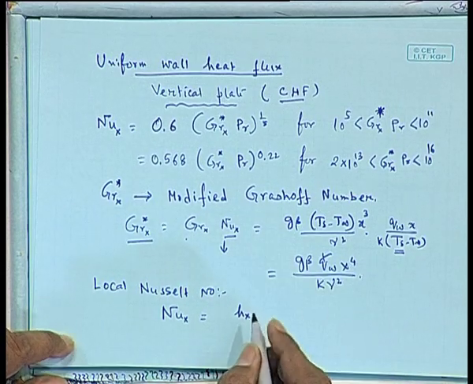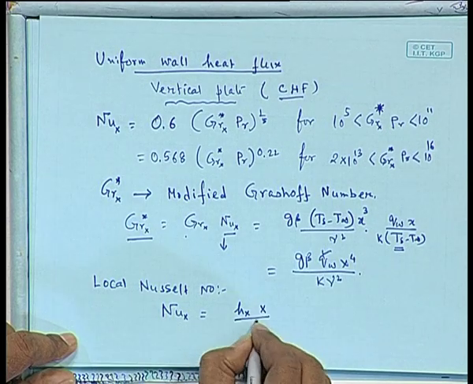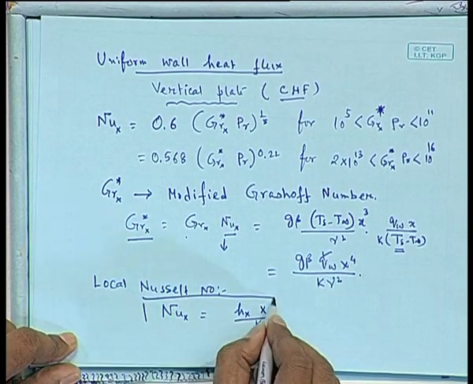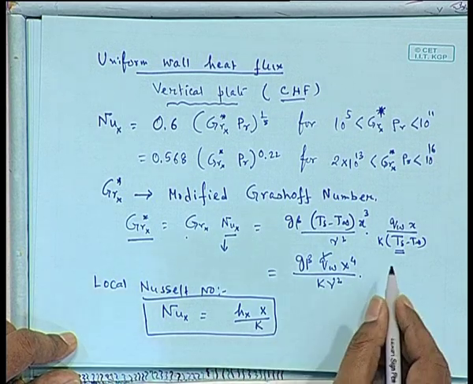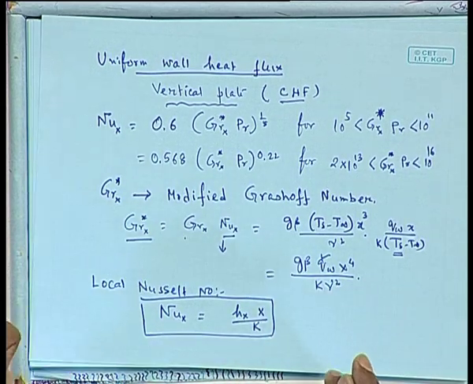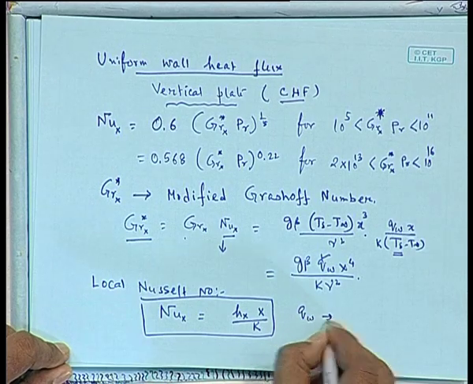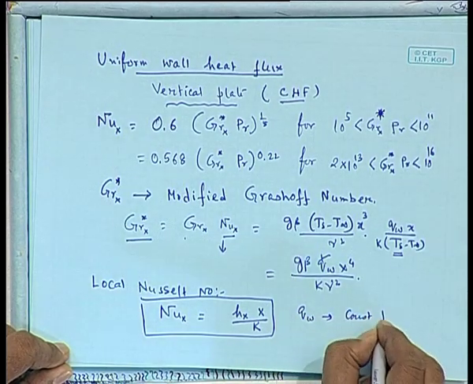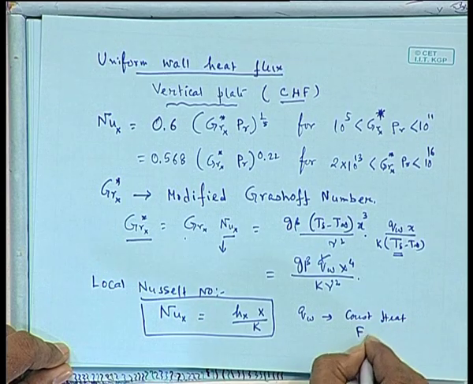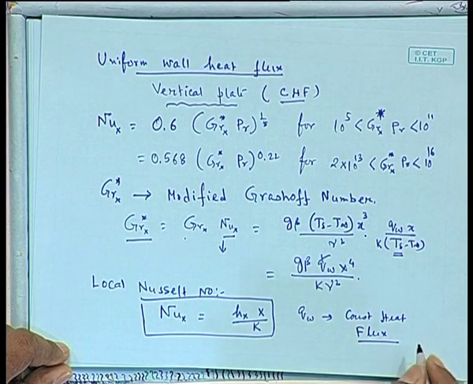Okay. So, this is the definition of Nu_x. This K was missing anyway, that you check. And q_w is constant heat flux at the wall.